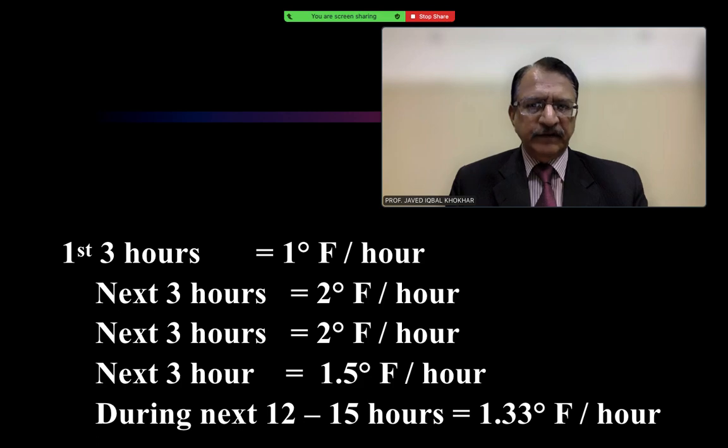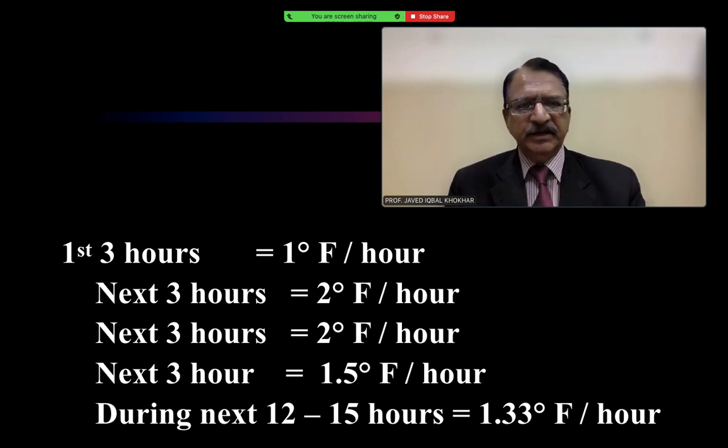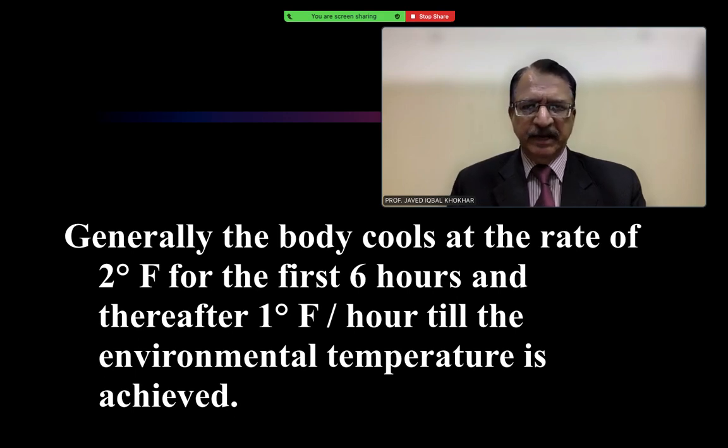During the next 12 to 15 hours, it is at the rate of 1.3 degrees Fahrenheit per hour. They have estimated this from various experiments. Generally, the body cools at the rate of 2 degrees Fahrenheit for the first 6 hours and thereafter 1 degree Fahrenheit per hour till it attains the environmental temperature.